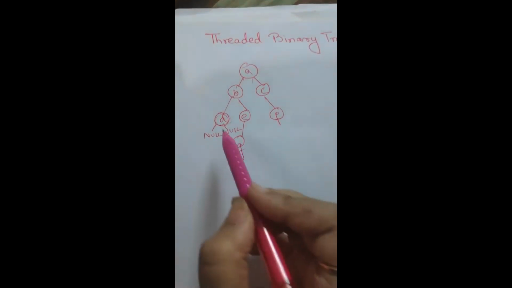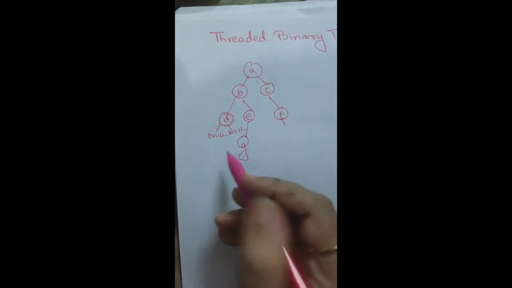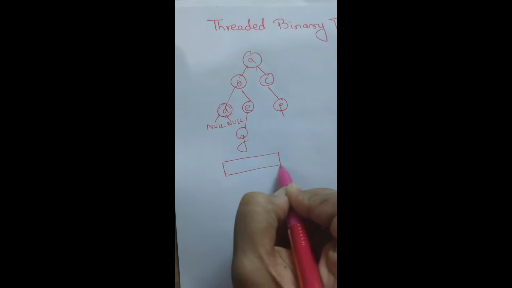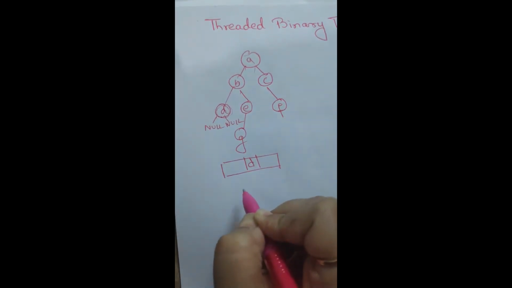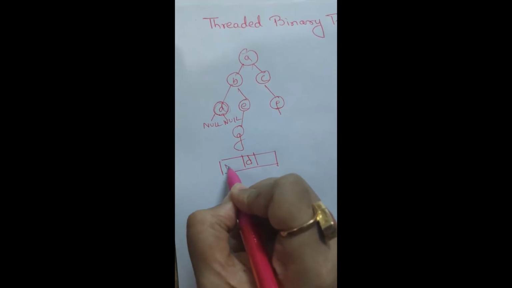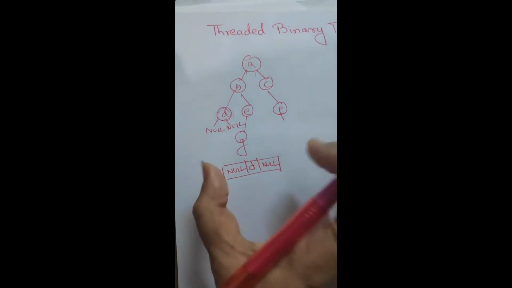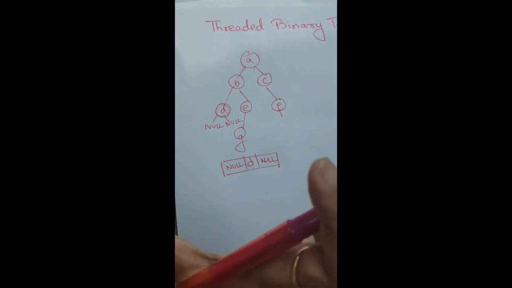So when I am creating this node D, I am asking for memory, and I am given a memory. The memory has got three parts. I am storing D over here. This part I am storing null. This part also I am storing null. This is how a node of a normal binary tree looks, correct?